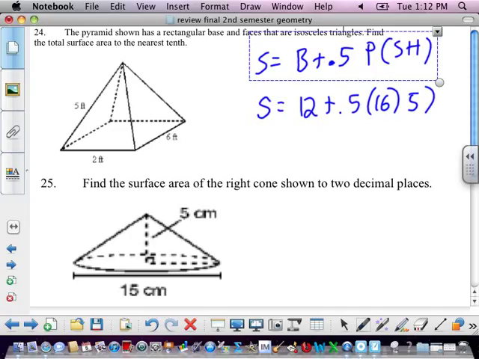So, easy plug and chug kind of a problem. 12 plus 0.5 times 16 times 5 gives us 52, which is feet squared, which is B, which is not the right answer. It says 24 is C. There must be a mistake because it is definitely 52.